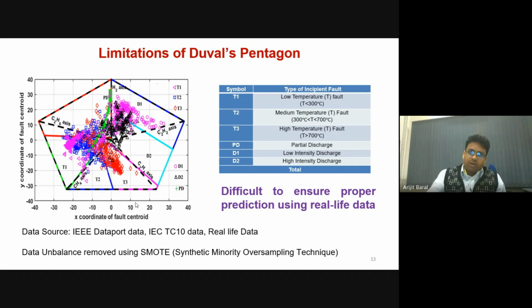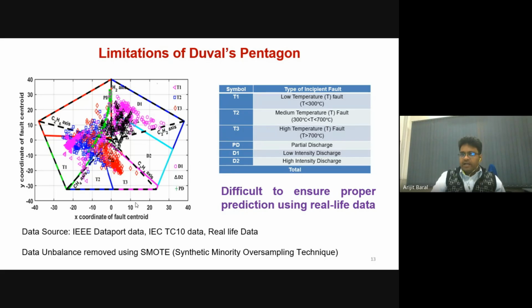Because this constraint is there, you don't have a control set or training set where you know this is the fault which is existing and these are the gases which have been generated because of this fault. So even if you consider multiple sets of data, you will never get a database which has an equal number of data points for each of these 6 categories.